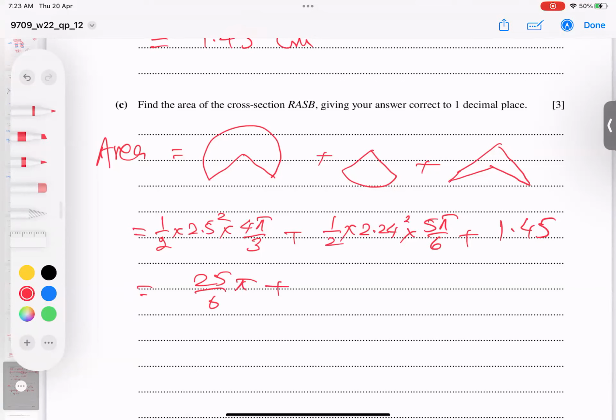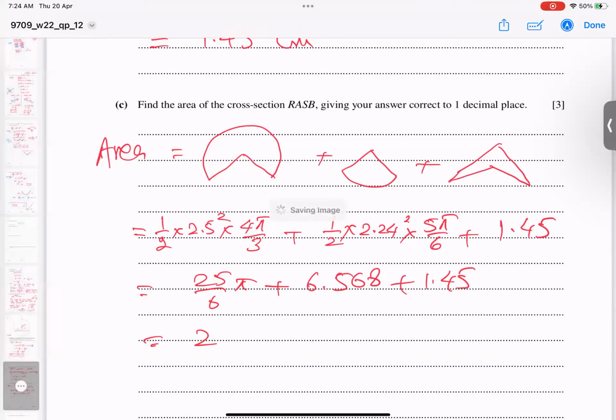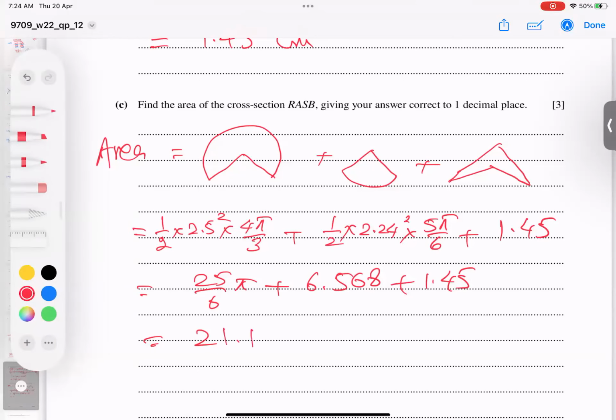I'm getting here in decimal 6.568 plus 1.45. I hope it is clear. And the final answer is coming 21.1. He said 1 decimal place, so 21.1. Alhamdulillah, the point is very clear.